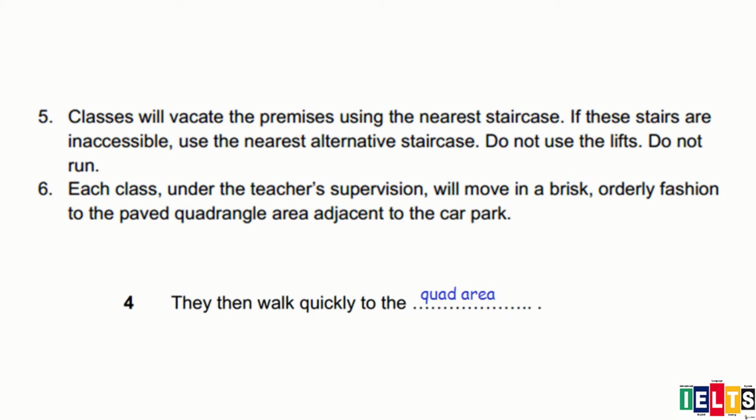So instead of saying walk quickly to, they say move in a brisk, orderly fashion to. It means the exact same thing. So it's really important that you scan the text and read each paragraph or each sentence line by line so that you can give an answer to each question.